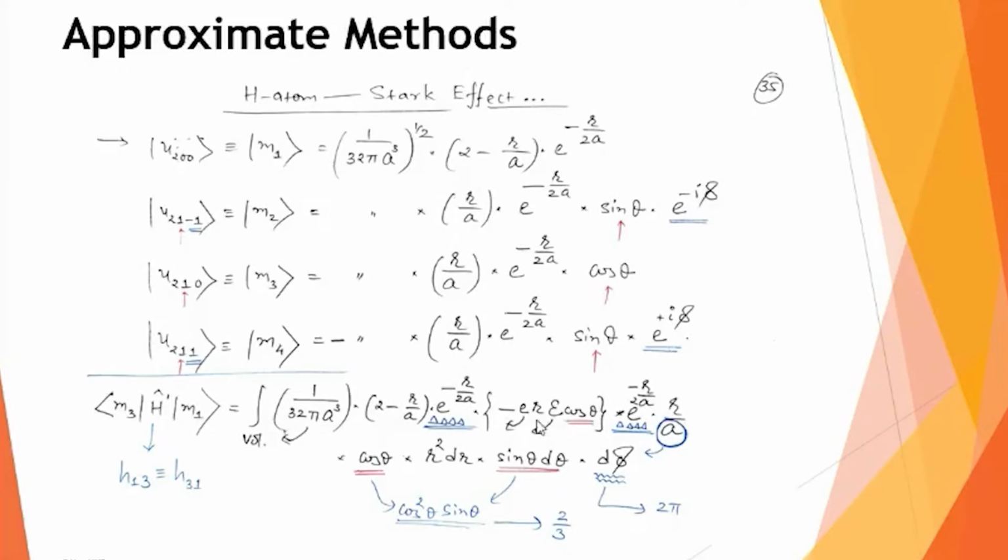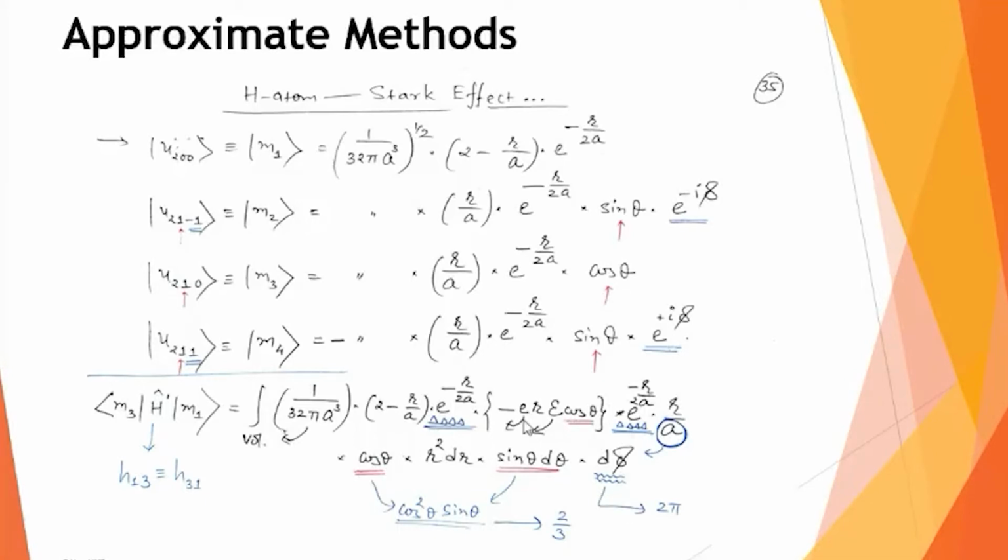H dash is again written as minus E R, capital E cos theta, and this is the part which comes from M3. So M3 is written here. There is a cos theta factor from the H dash, a cos theta factor from this M3 expression, and a sin theta d theta because of the volume element. You are again computing this in spherical polar coordinates, and you can see that in both M3 and M1 there is no phi dependency, so this d phi will contribute 2 pi when I integrate between 0 and 2 pi.